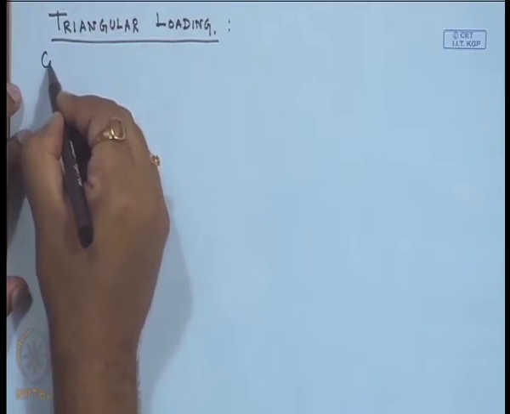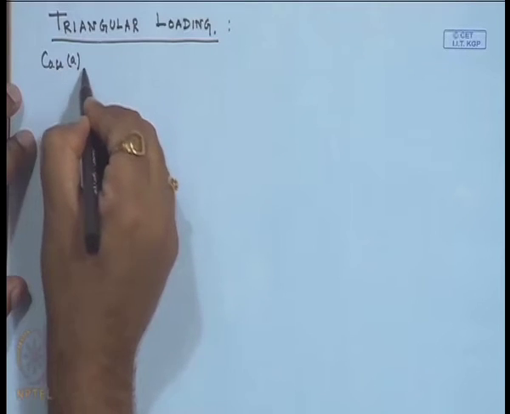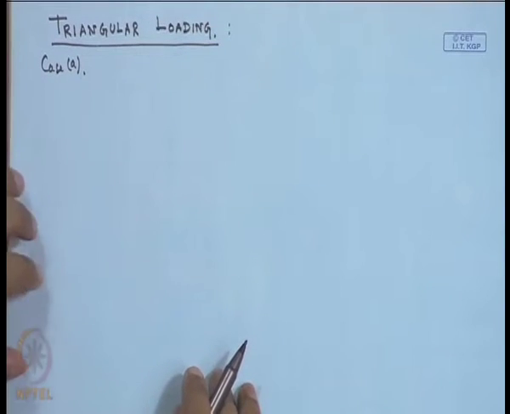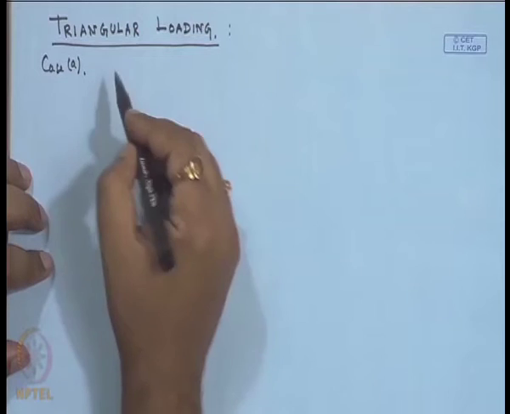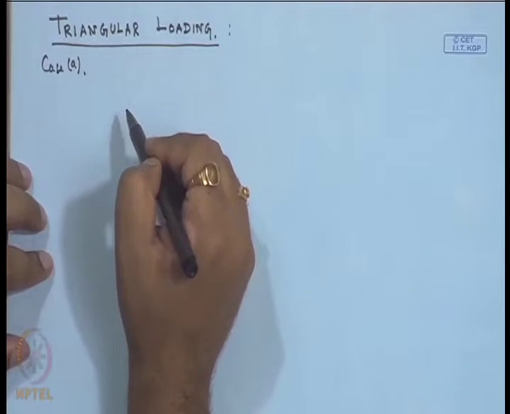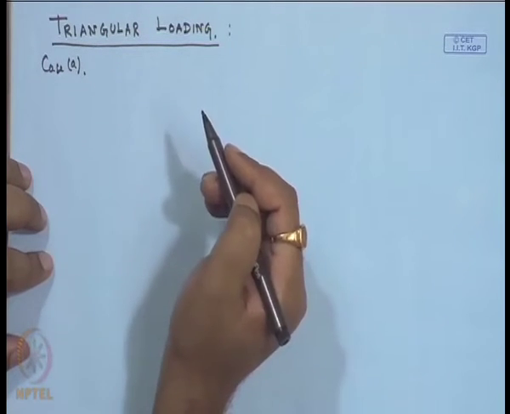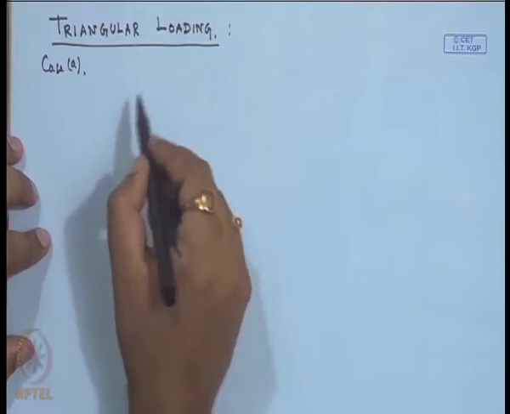Triangular loading, this is also case A, similar to the UDL. Here also there are 3 cases: one is the point C within the loaded region, one is the left side, and another is the right side of the loaded region.